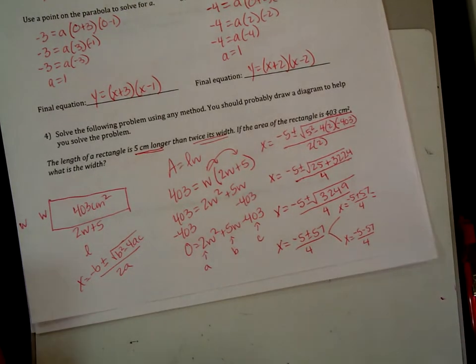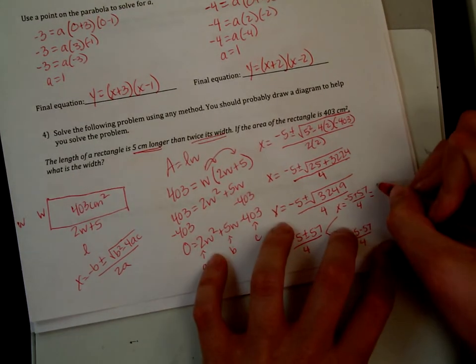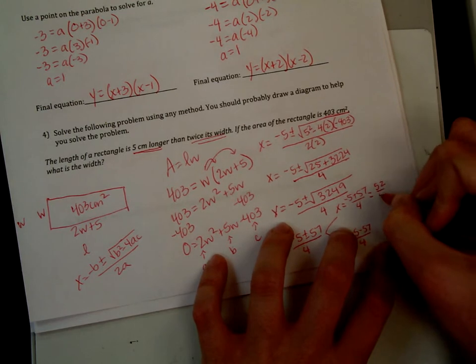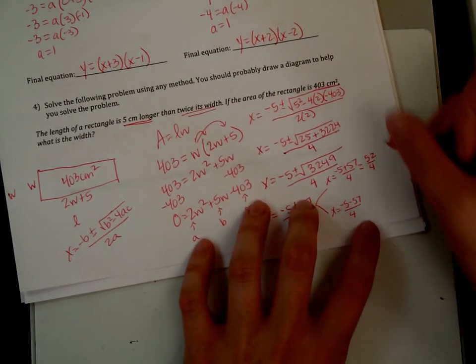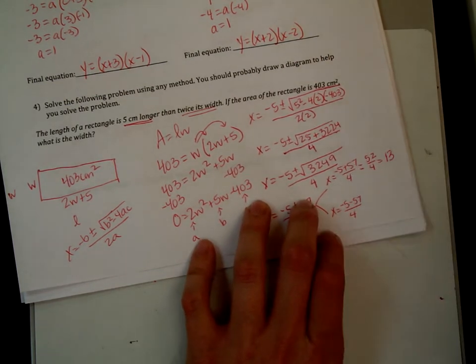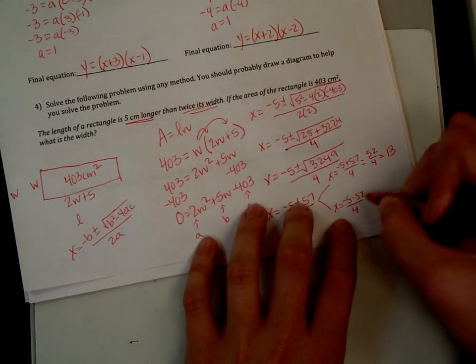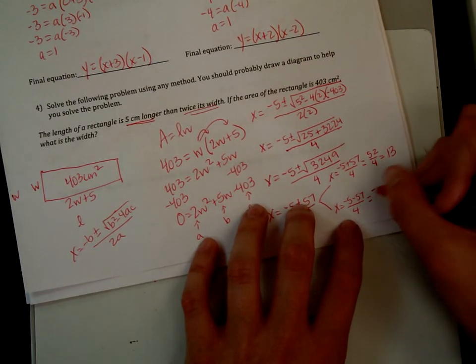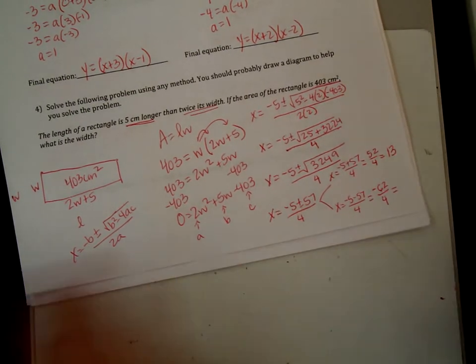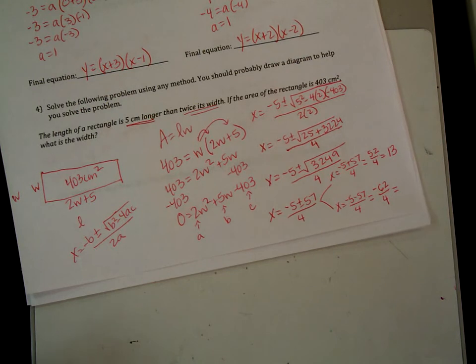So 57 plus -5 is 52 divided by 4. 48 divided by 4 is 12, so 52 divided by 4 is 13. -5 minus 57 is -62 divided by 4. And then 62 divided by 4 is 15.5.